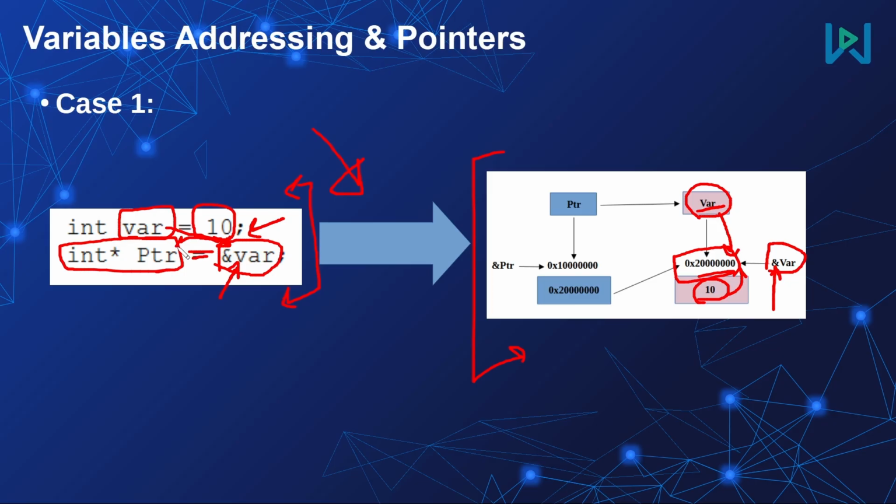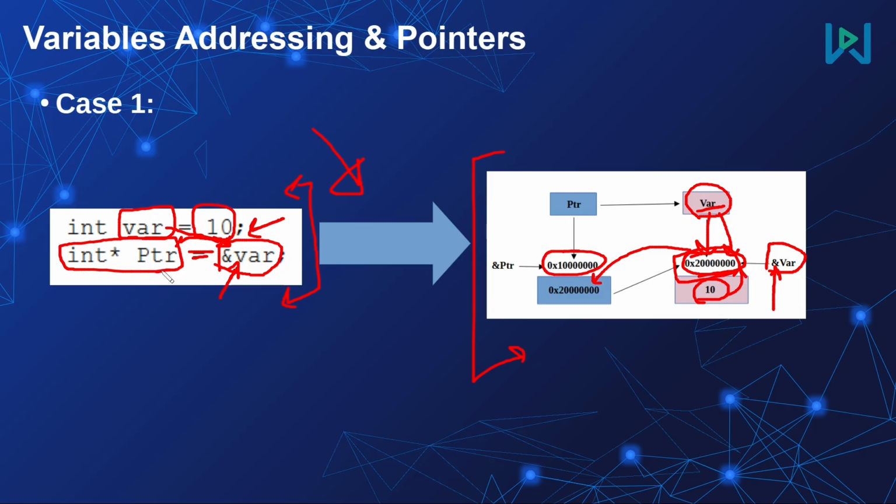From a C perspective, this is considered by itself as another type of pointer. Now at hardware level, what is happening is that the address used for our variable will be stored within the pointer location.